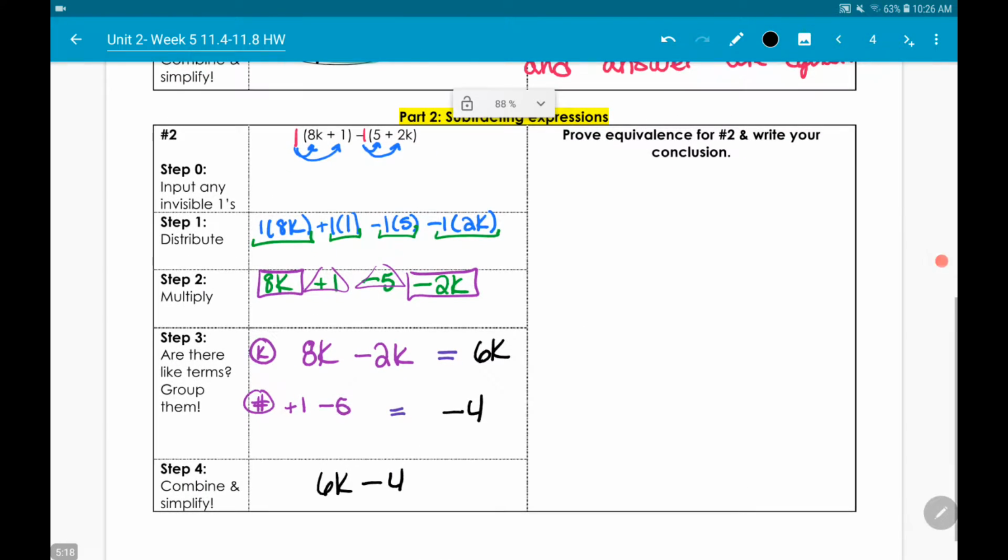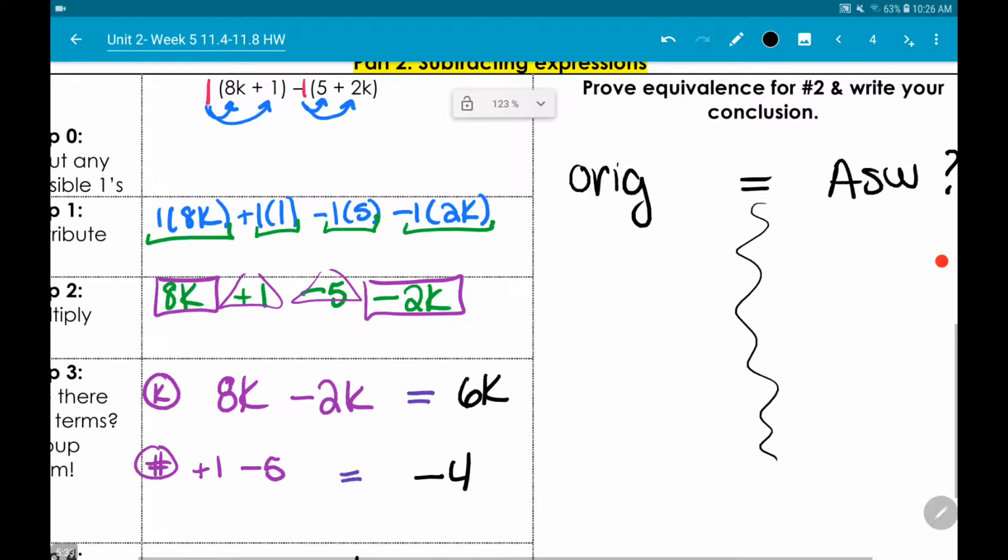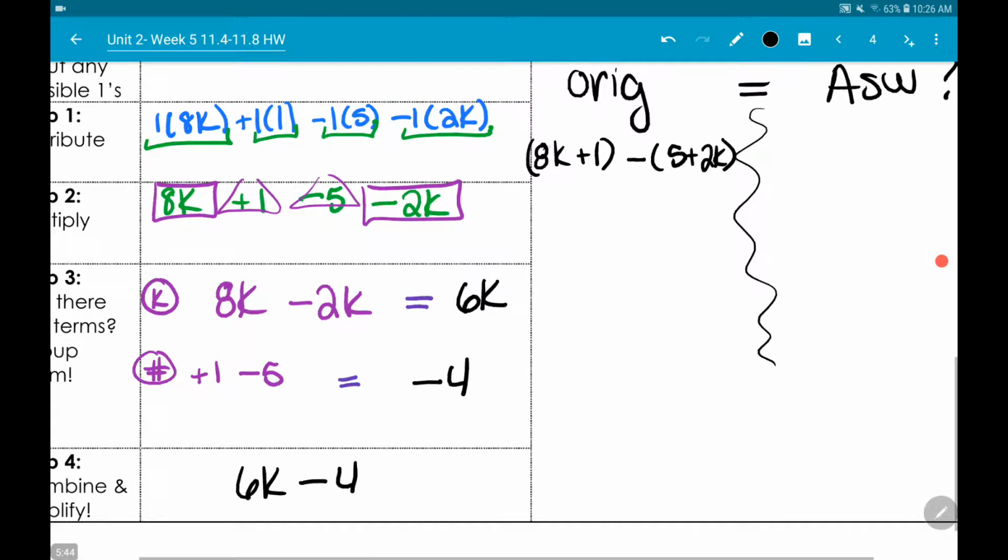In order to check if my answer is correct, I want to know, is my original equal to my answer? If yes, then I did it correct. So my original is 8k plus 1 minus 5 plus 2k, and my answer was 6k minus 4.